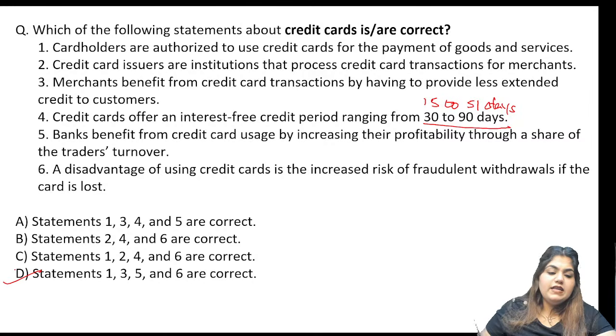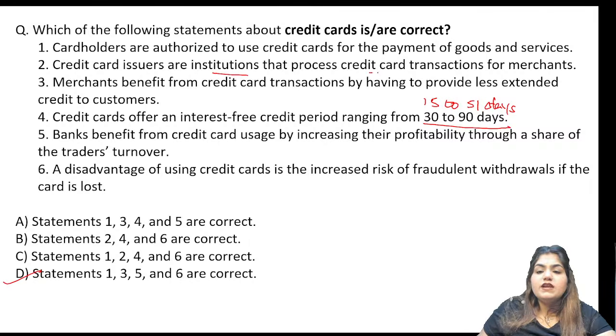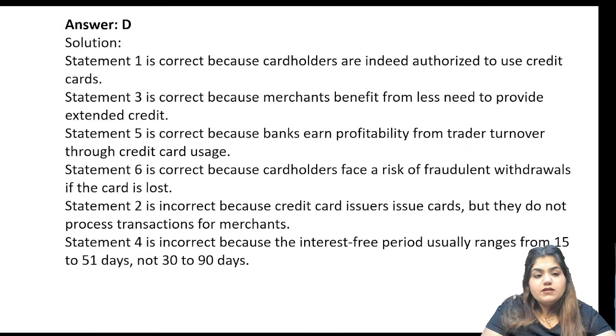That will give us D as the correct answer. Statement number 2 is also incorrect. The credit card issuers are institutions that process credit card transactions for merchants. Credit card issuers are banks and NBFCs. They are the card issuers. They do not process the transactions. D is the correct answer.